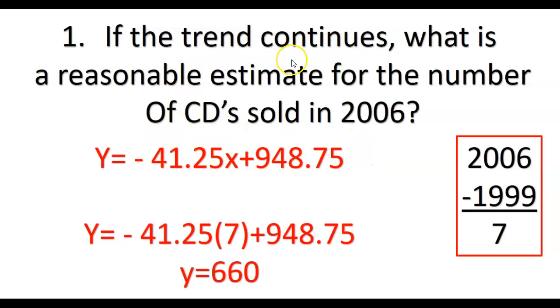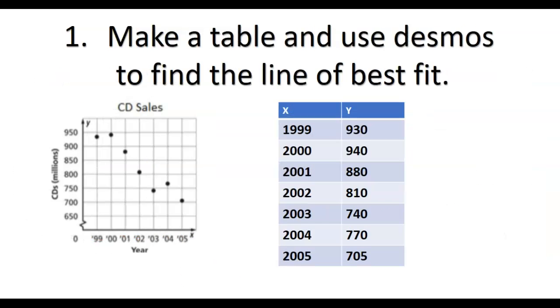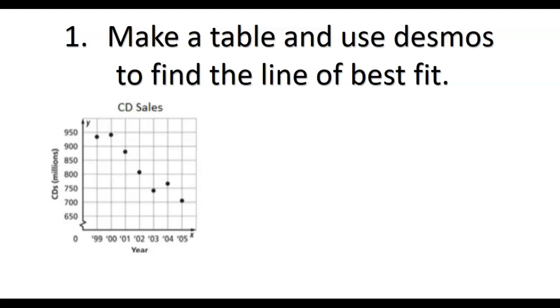Now we're going to predict what happens if the trend continues. If the trend continues, how many CDs would be sold in 2006? 2006 is my target year. Where did I get this number? Way back over here when I first had this, what is my first data point?